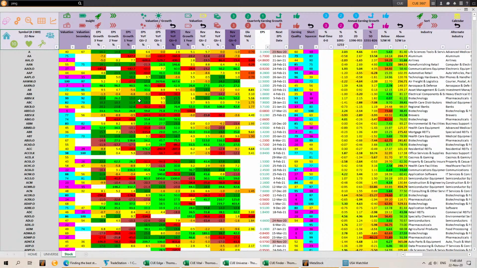This has all the liquid stocks. Currently, this list has 2,400 stocks. And now first I try to find stocks that are strong fundamentals, both in terms of valuation and earnings growth, that is using the 3-star button.